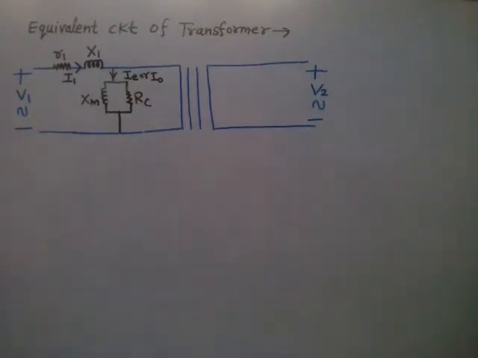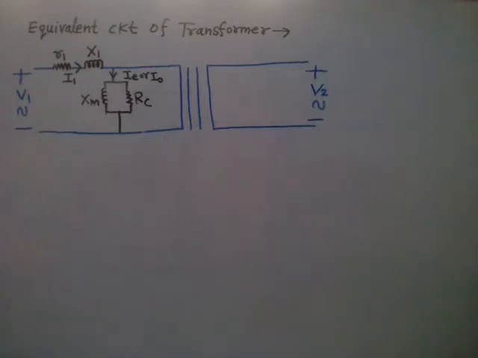So I naught, I told you that it is 2% to 6% of the full load current. So for example, if the full load current is 10 ampere, then what should be the exciting current or no load magnetizing current? It is 2% to 6%, somewhere in this range.